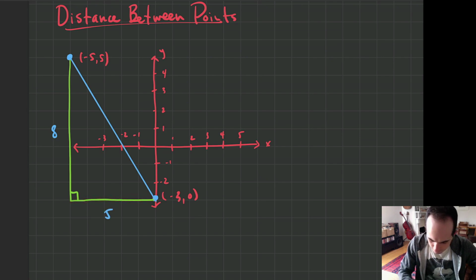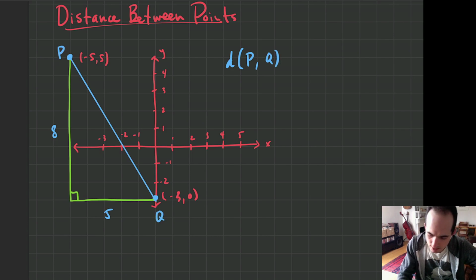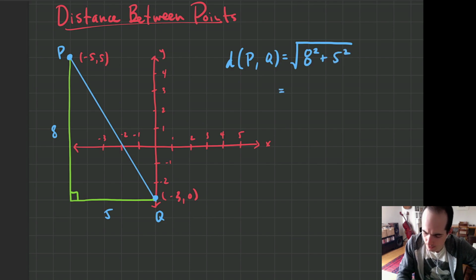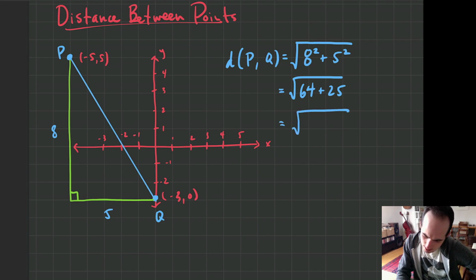Okay, so we've got 5 on this side, which means that the distance between the points P and Q, why don't I call this point P and this point Q? That would help. So the distance between point P and Q is the square root of 8 squared plus 5 squared. And let's simplify that. So that's going to be the square root of 64 plus 25. And that is equal to the square root of, what is that, 89? The square root of 89.